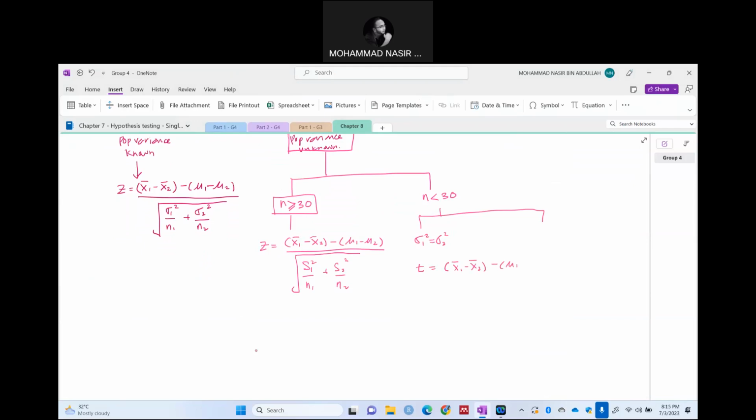minus mu 1 minus mu 2 divided by pooled standard deviation multiplied by the square root of 1 divided by n1 plus 1 divided by n2.